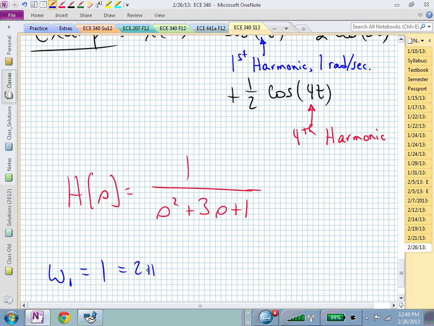And that's now 2 pi f sub 1, or that's 2 pi over t sub 1 if we wanted to know how long is it going to take in terms of time, duration, for this to become periodic. So this takes over 6 seconds before it starts repeating itself. That's why it's such a slow or low frequency waveform.